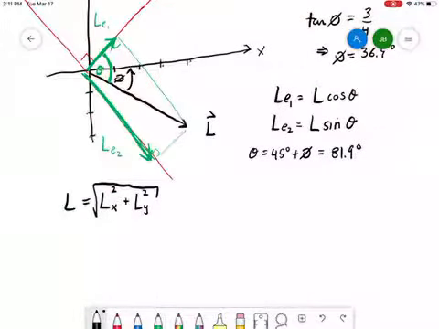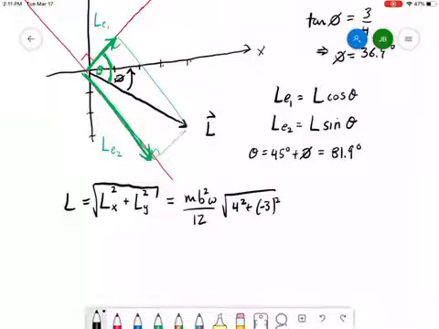So this will turn out to be mb squared omega over 12 times the square root of 4 squared plus minus 3 squared. That's 16 plus 9 is 25, square root is 5, and so this comes out to be 5 mb squared omega over 12.